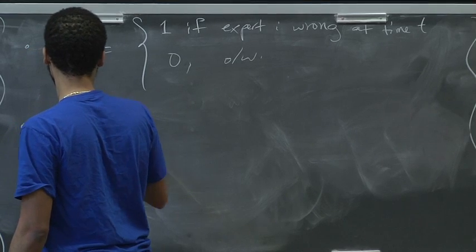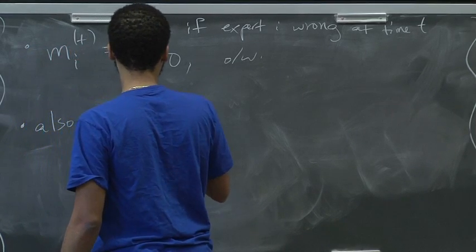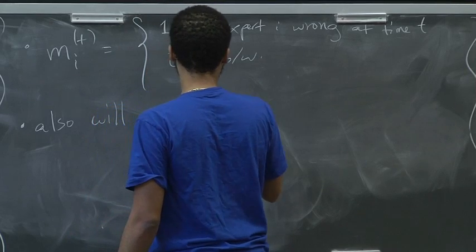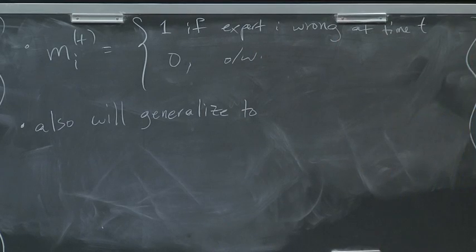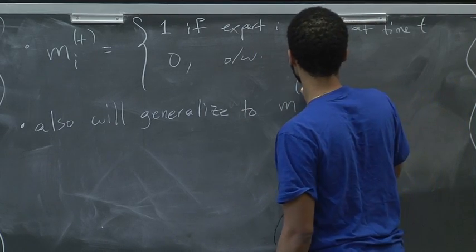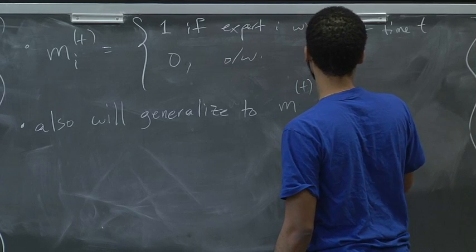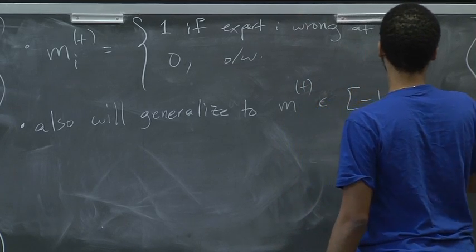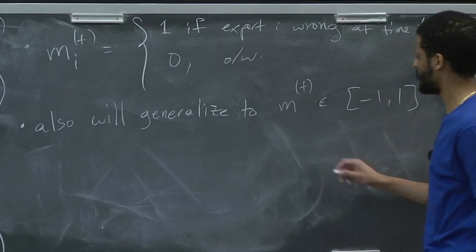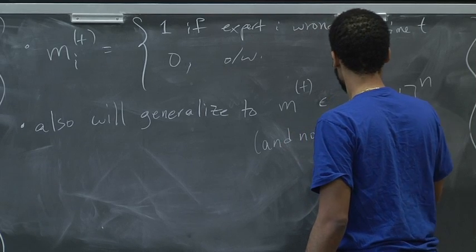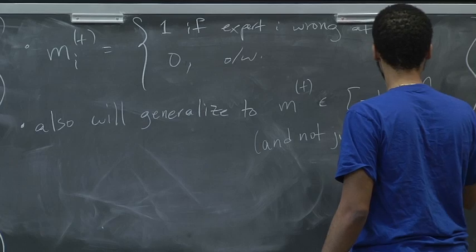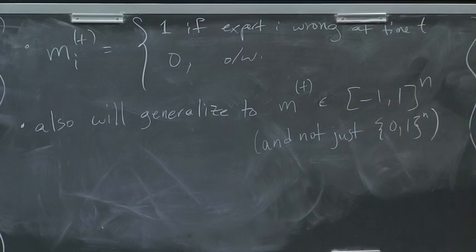Also will generalize to, instead of just saying it's binary, we'll say that this vector mt is actually in minus 1, 1 to the n, and not just 0, 1 to the n. Okay.